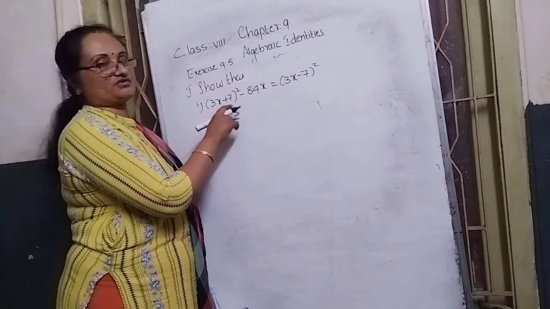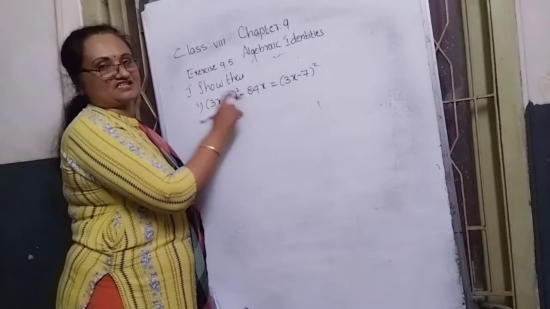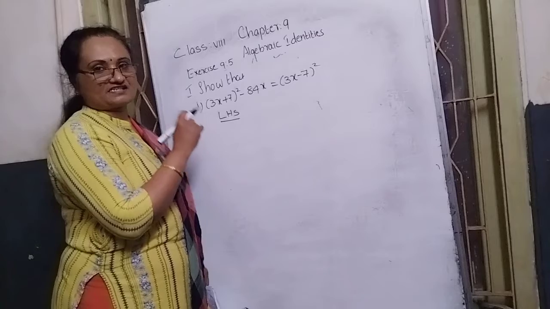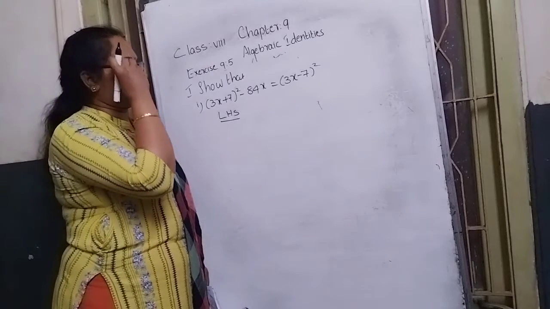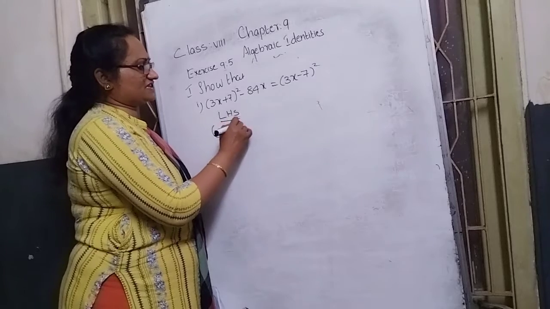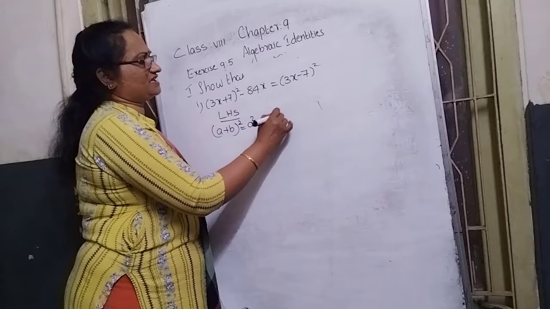In the left side part, one bracket is there and another second term also there. Look at the bracket, it is in the form of (a plus b) the whole square. What is the expansion? a square plus 2ab plus b square.